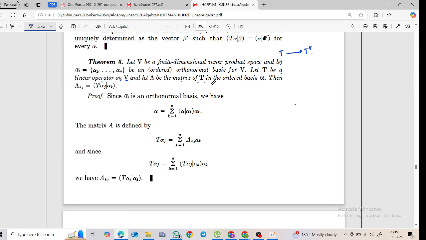So the point they want to make is that if this is the ordered basis, and A is the matrix of T, then basically this is the matrix of T star. Let T be the linear operator on V and A be the matrix of T in the ordered basis beta.